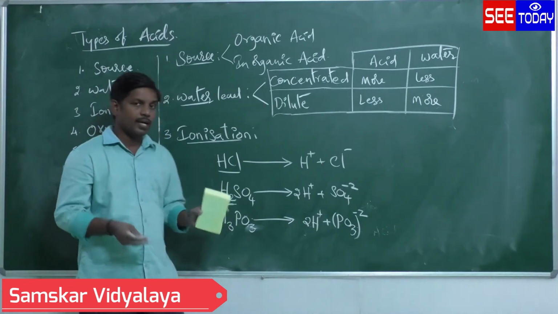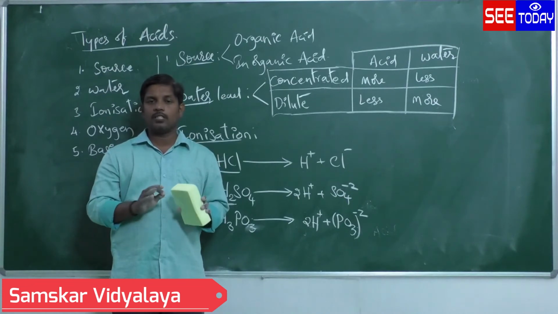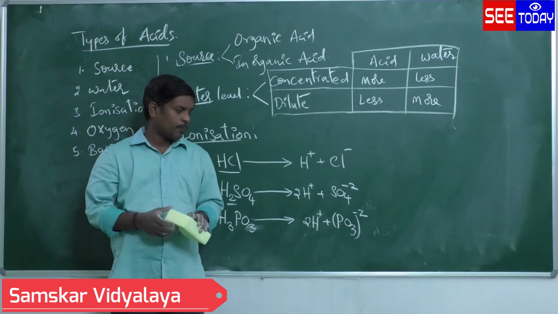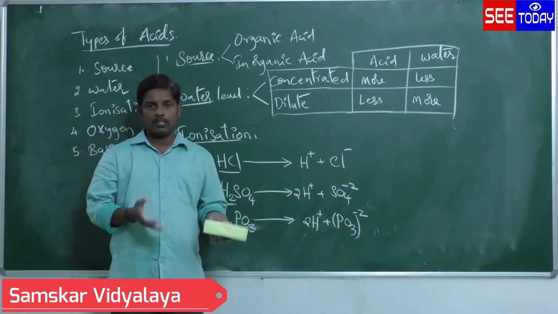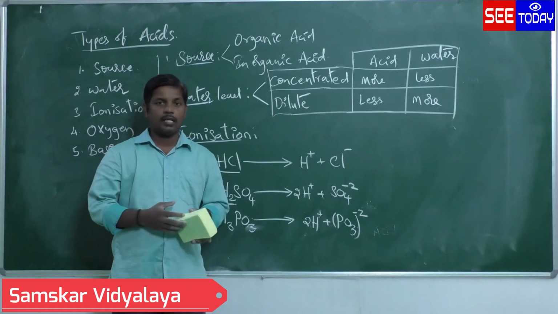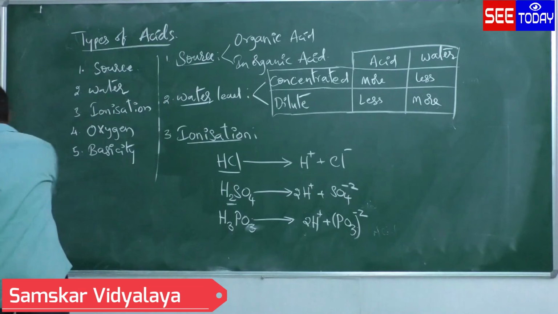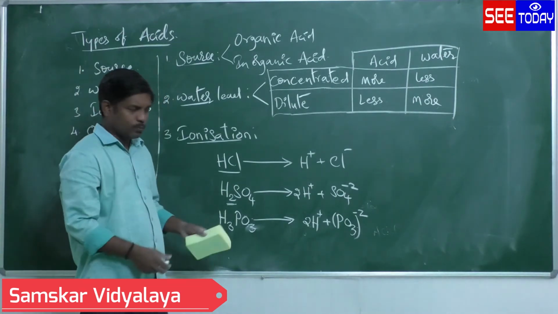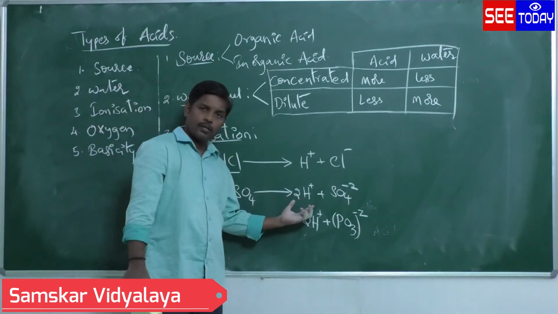So if the acid releases all the hydrogens it has, then we call it complete ionization. If it does not release all the hydrogens it has, then we call that incomplete, also called partial ionization. Here H2SO4 has 2 hydrogens and released both.